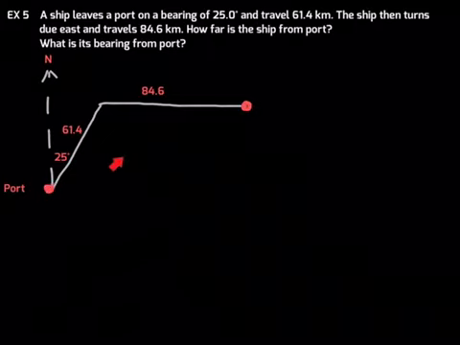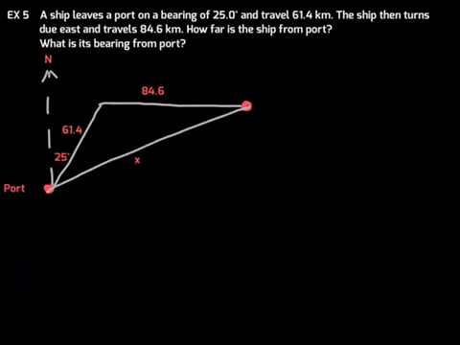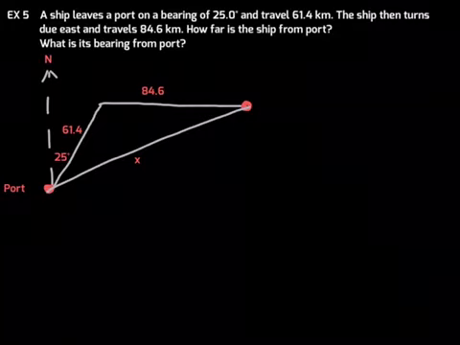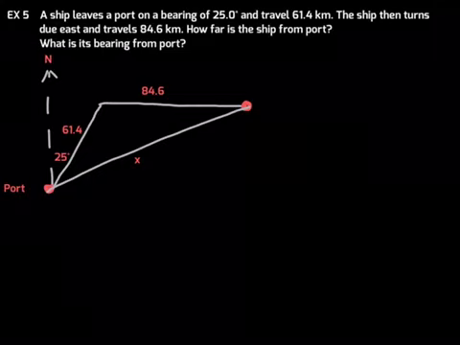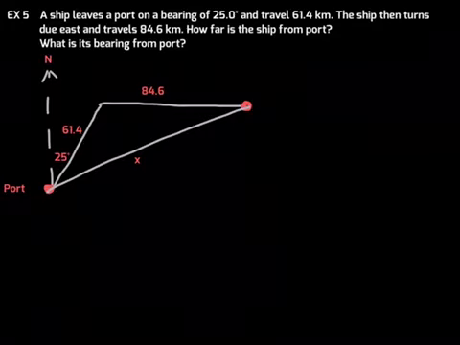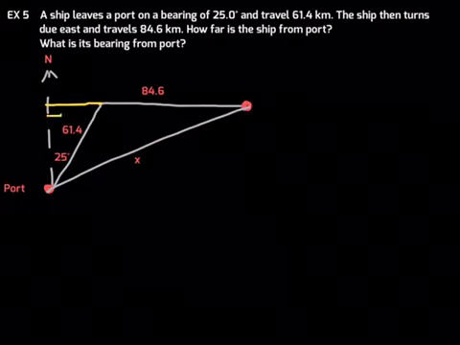So this distance here is what they're looking for. All right, so there's our picture. What I would like for you to realize is we can make a right triangle right there. Do you see that right triangle?